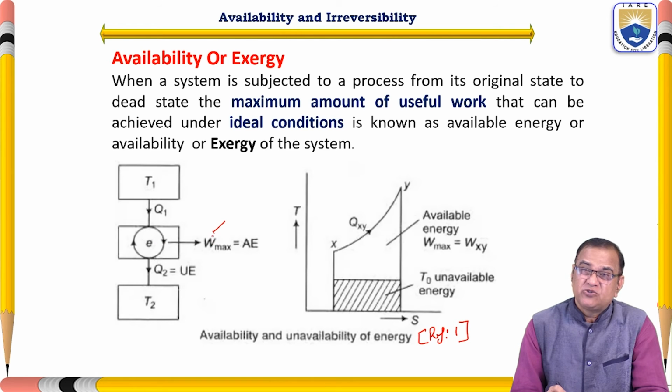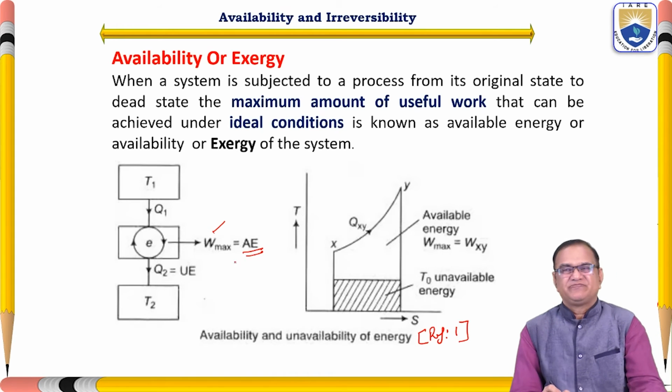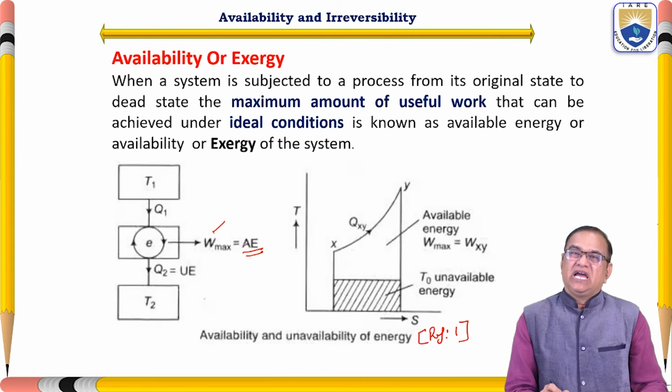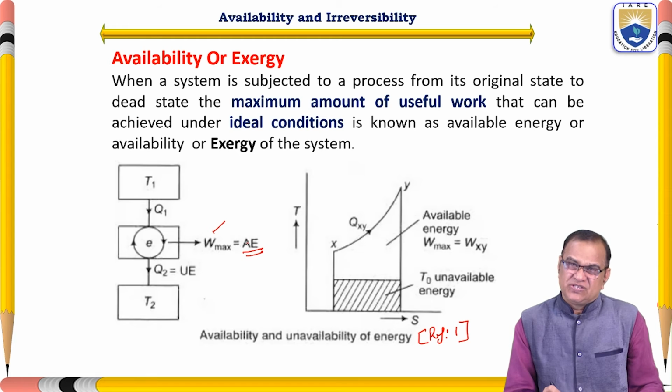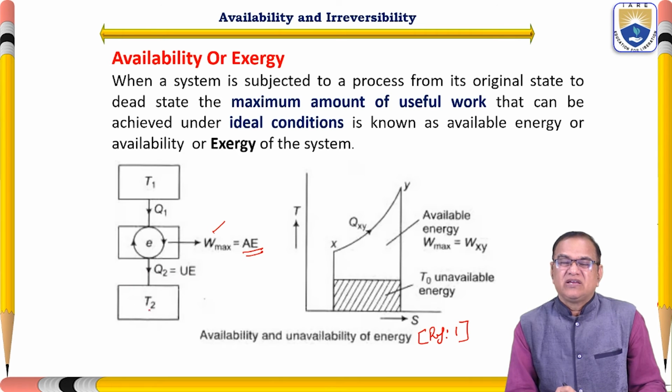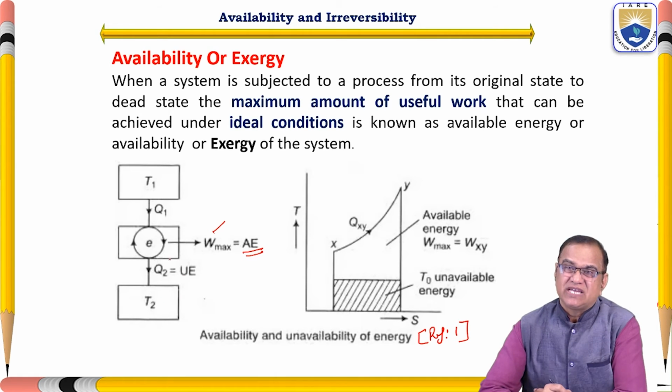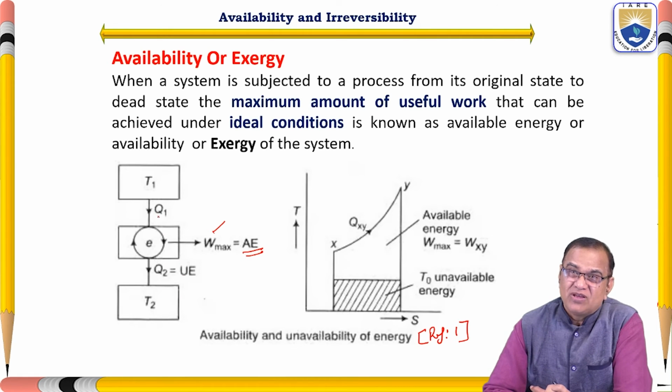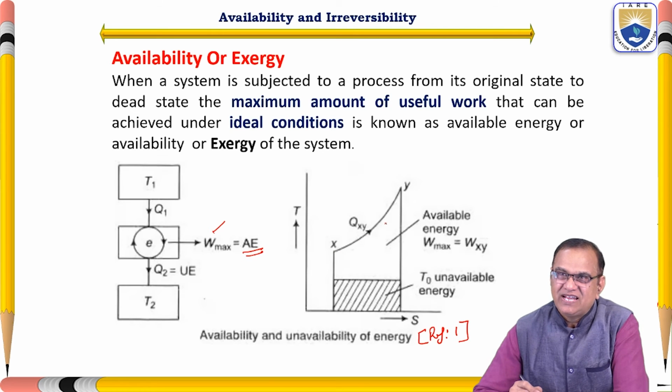Maximum work is produced by the reversible engine. So this is the availability energy. This is called the energy available in the system. And Q2 is released. This is unavailable. This is going to the surrounding. And this is T2. So how much is unavailable and how much is available, that we will see here.